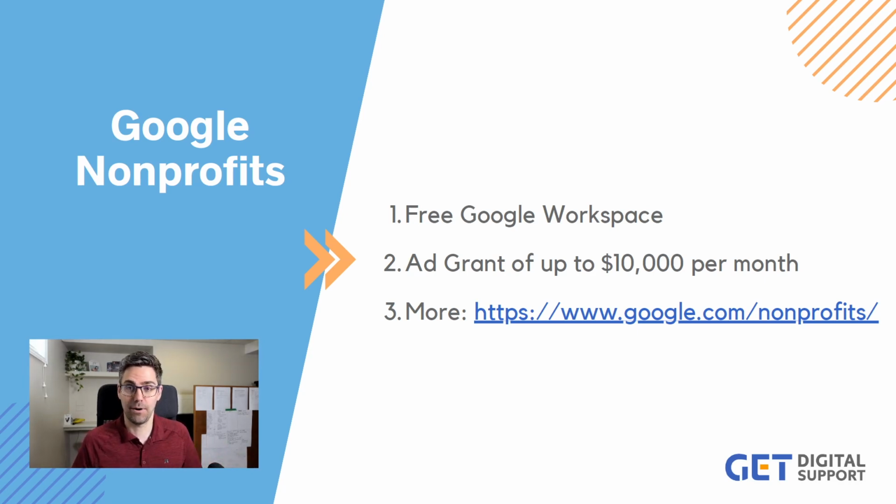Because again, those are a big part of the security and access that we're granting to all these different properties. Number two is pretty incredible as well, is an ad grant. So Google Ads, you will get a grant of up to $10,000 per month in advertising, I should say, search advertising.